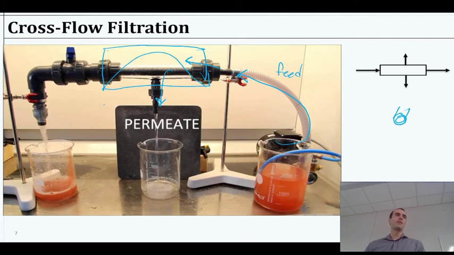So the permeate makes it through that line, and the retentate continues on its way, because we can see the retentate, or the concentrate, is coming out here, and that's dirtier water.